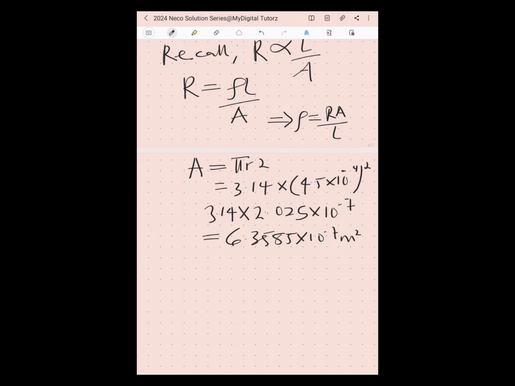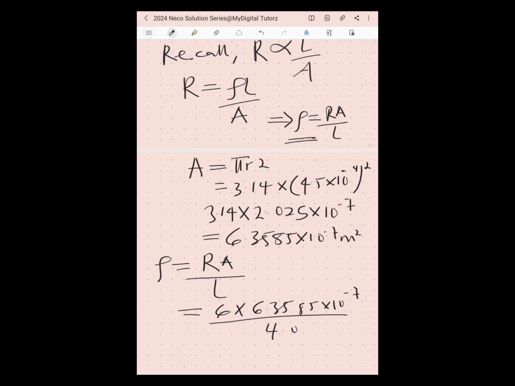So the next thing is to substitute the values into this formula. We have rho is equal to RA all over L. R is given to be 6 multiplied by A, which is 6.3585 times 10 raised to power minus 7, all over the length, which is 4.0.